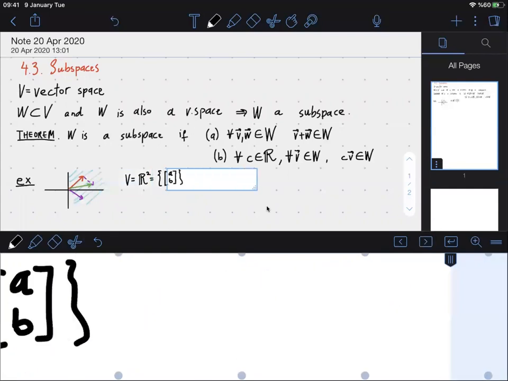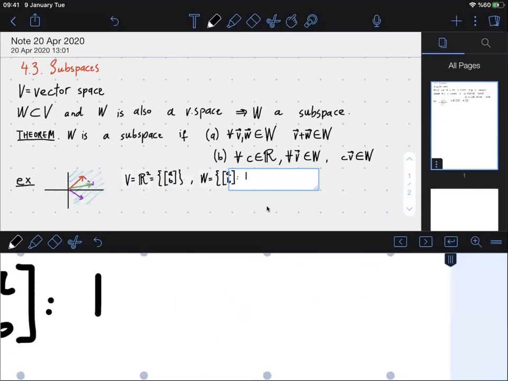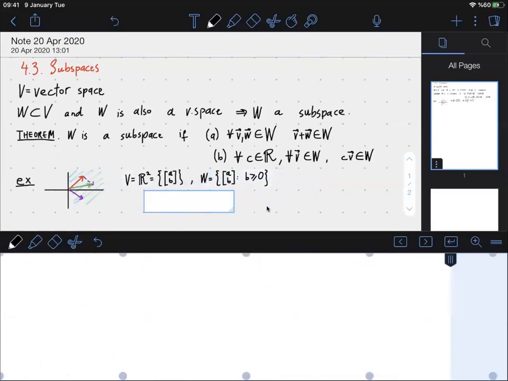And W in this case is the set of vectors of this form, A and B, but with a constraint on B, which is B greater than or equal to 0. So the question is whether W is a subspace of V. Is W a subspace?